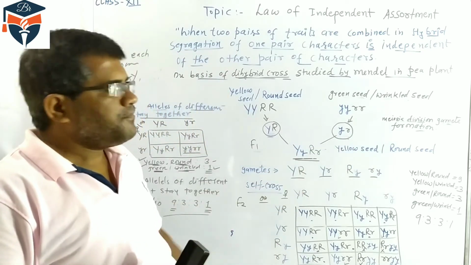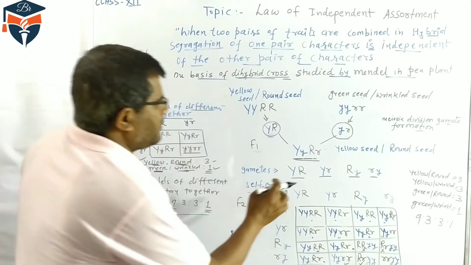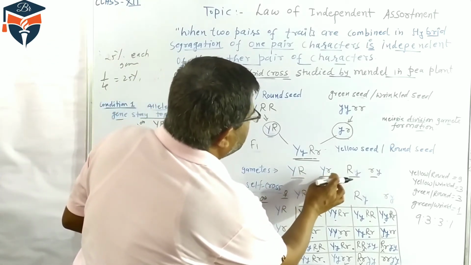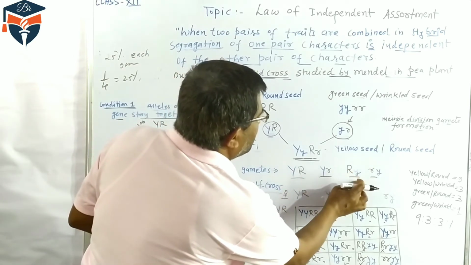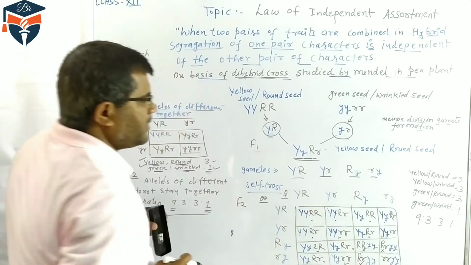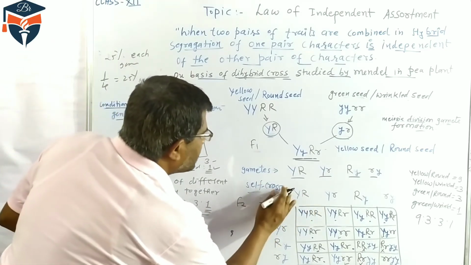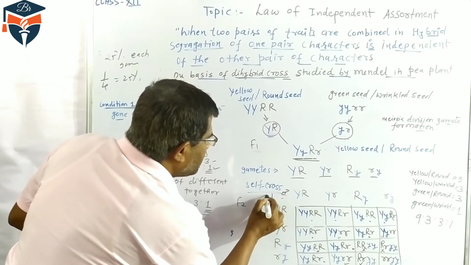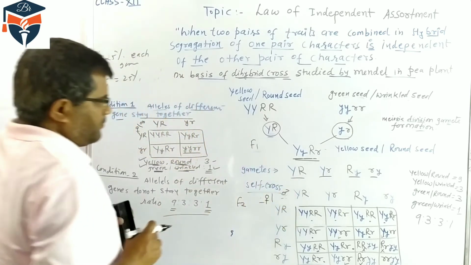So 4 types of gametes we are getting: capital Y capital R, capital Y small r, small y capital R, and small y small r. This male gamete I am considering as male, and here I am taking the female gamete.